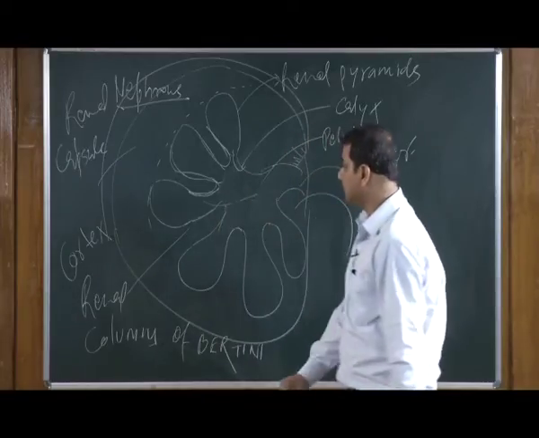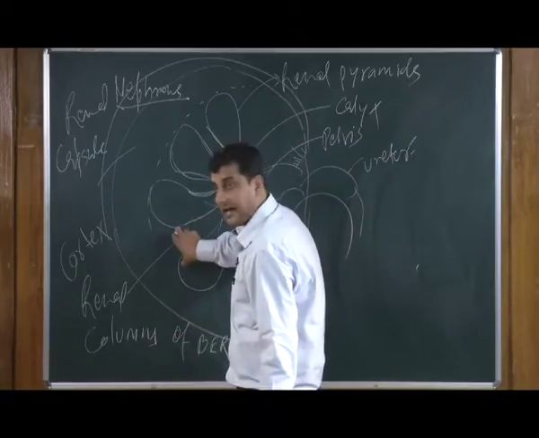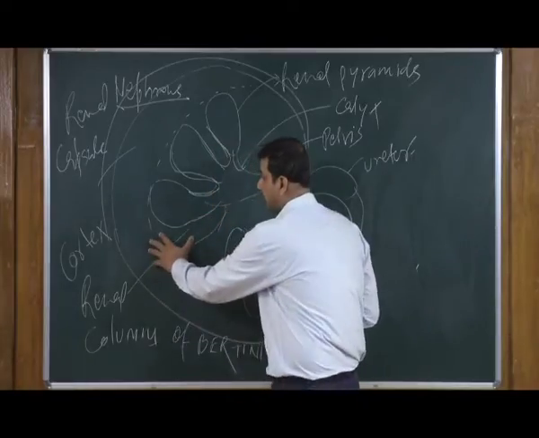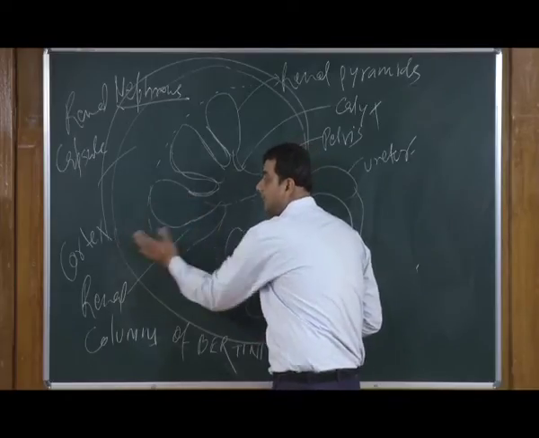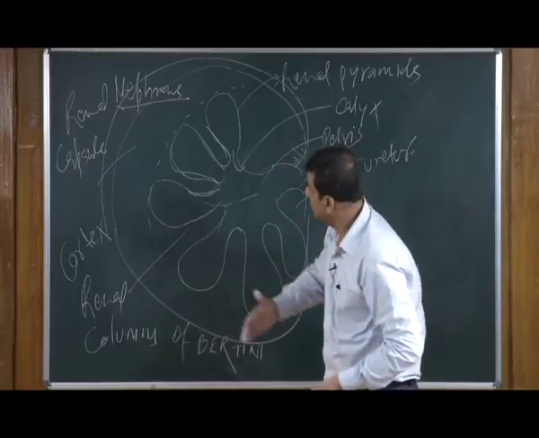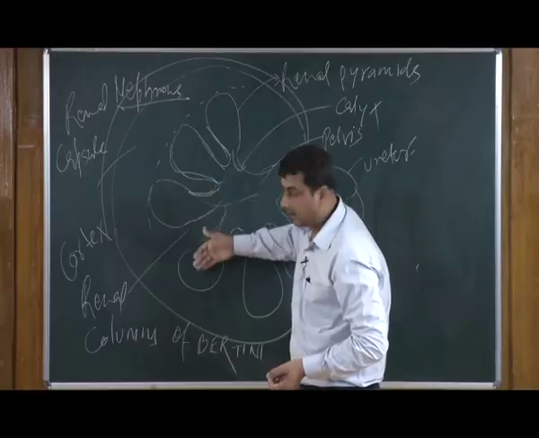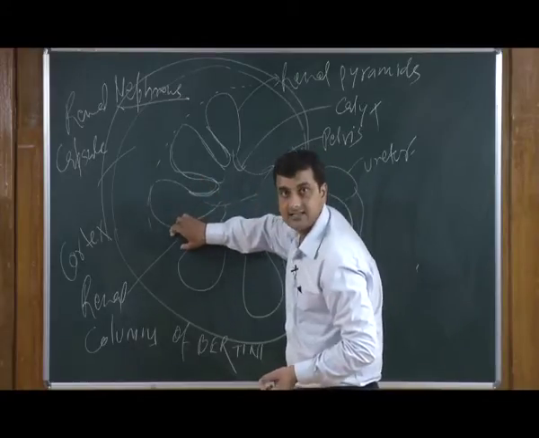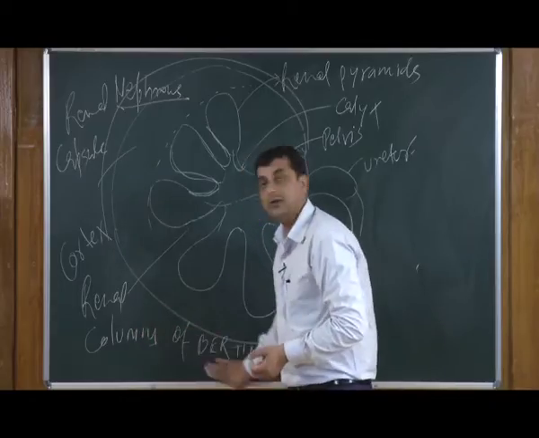So columns of Bertini are nothing but the extension of the cortical part into the medullary region. Simply, the space in between two medullary pyramids or renal pyramids gives an area which is like a column, and these columns are called renal columns or columns of Bertini.